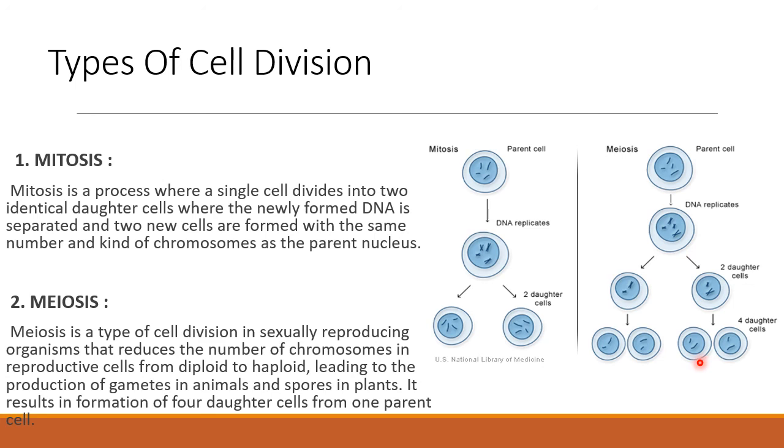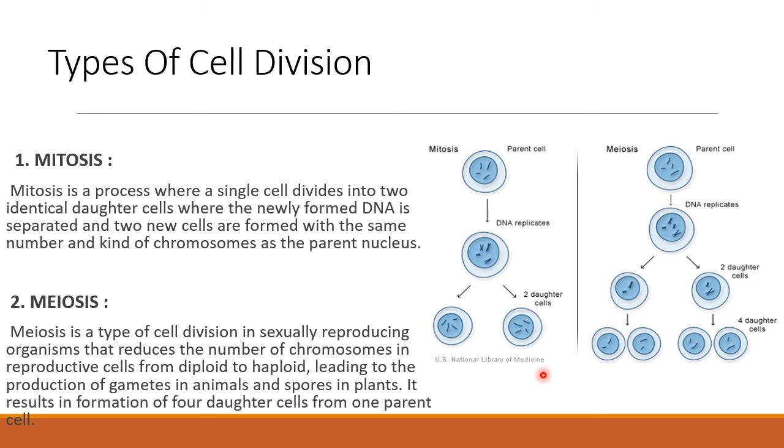Now, we'll learn about the different sub-stages of meiosis. One is meiosis 1 and the second is meiosis 2. Meiosis 1 can further be broken down into four sub-stages, same as mitosis, that is prophase 1, metaphase 1, anaphase 1 and telophase 1.